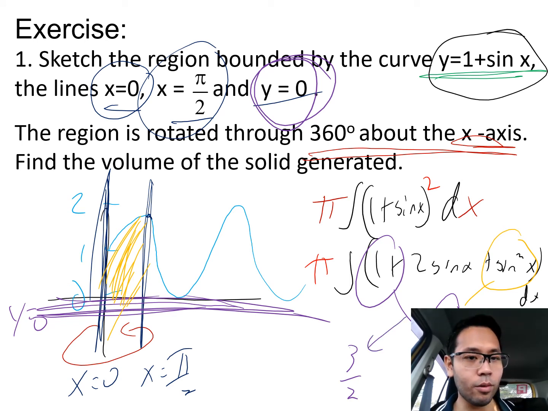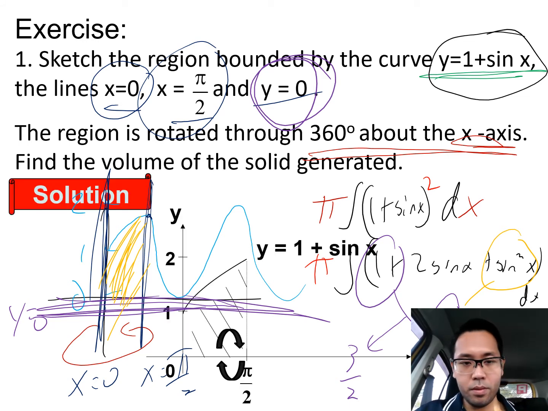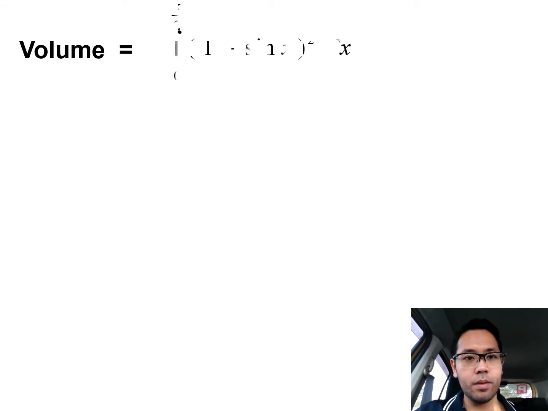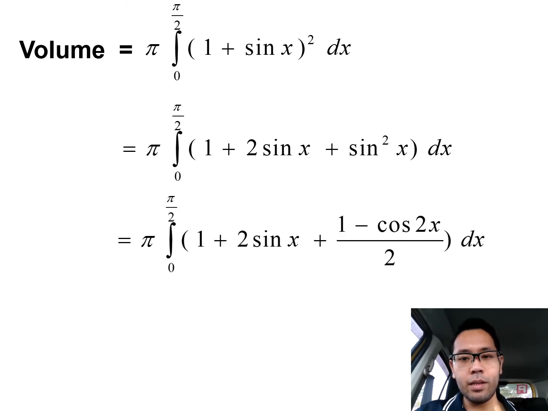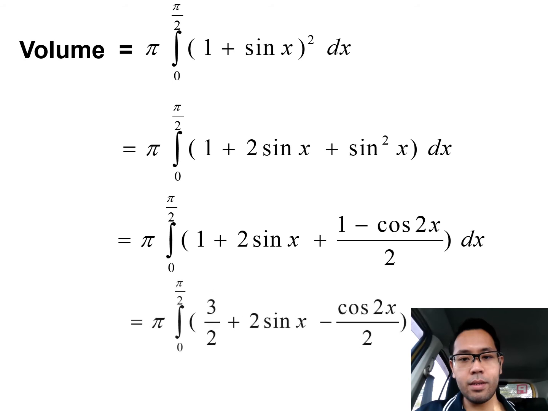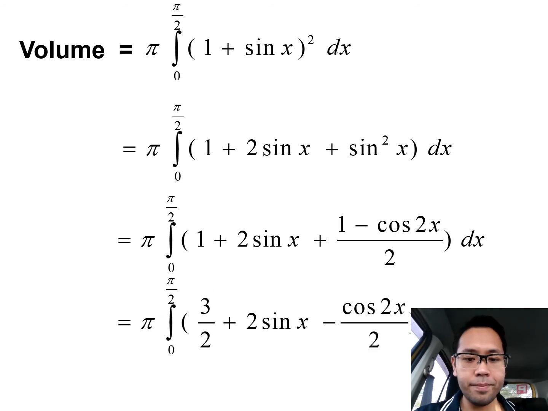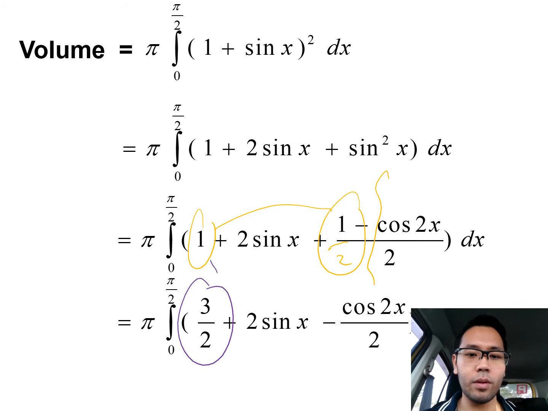Okay, so let's have a look at the official working. What we have discussed, yeah, pi squared, and then the sine squared becomes that. And then you see here, this one and this 1 over 2 can combine. To be more exact, they split first, so this one becomes 1 over 2 and it combines with this, so they get 3 over 2.